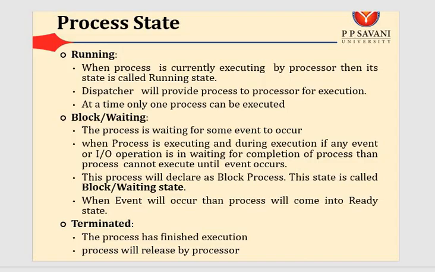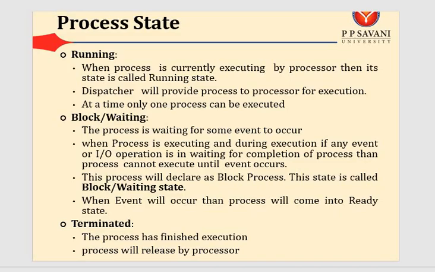A dispatcher will provide the process to the processor for execution, and at a time only one process can be executed. If we have a single processor system, a single process can be executed by the processor. If we have multiple processors, multiple processes can be executed in a running state.